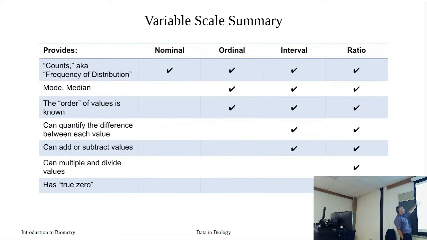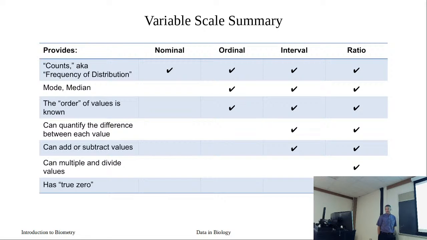All right, calculating means or medians and modes applies to ordinal, interval. Ordering values doesn't apply to nominal. Quantifying the differences between each value applies. So this table just kind of gives you a summary. I can't even remember where I pulled it, it may be from the open textbook, just to kind of show you some of the relationships.